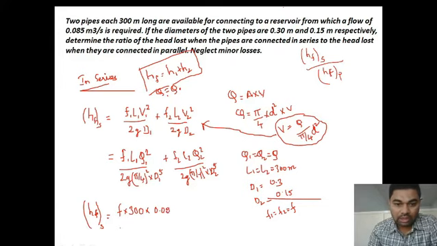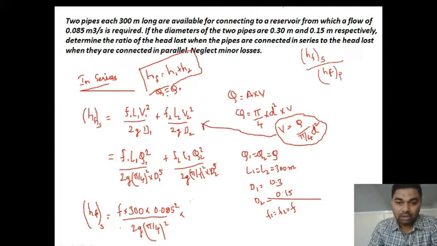0.085 squared divided by 2g, pi by 4 squared. This value is common.